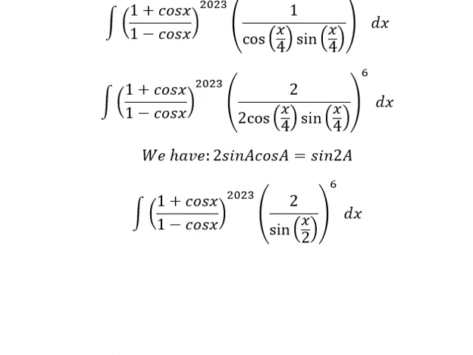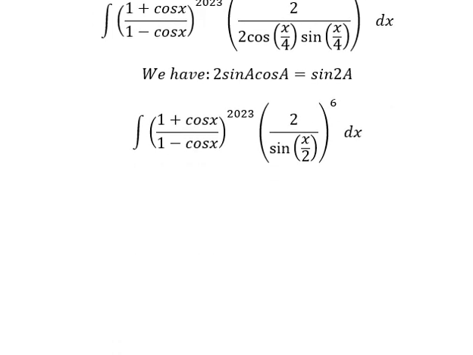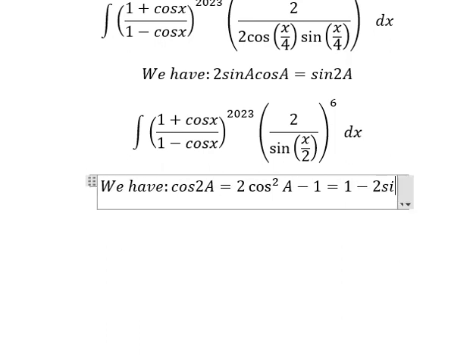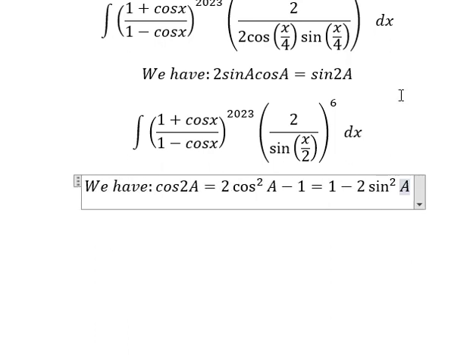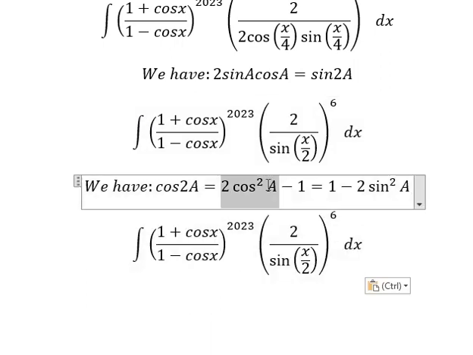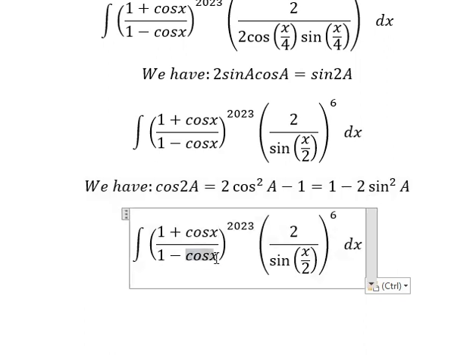The next one, we have the next formula in here: cosine 2a equals 2 cosine a squared minus 1, and 1 minus 2 sine a squared. So I will change this one for this one, and this one for this one.